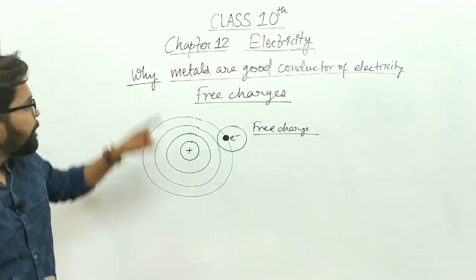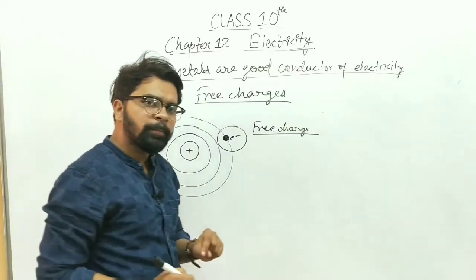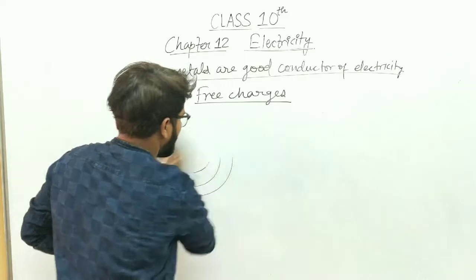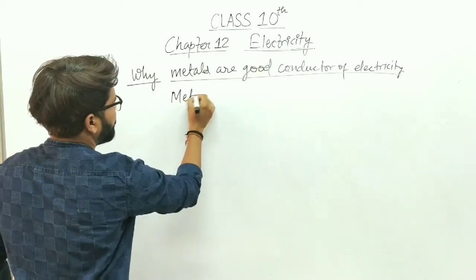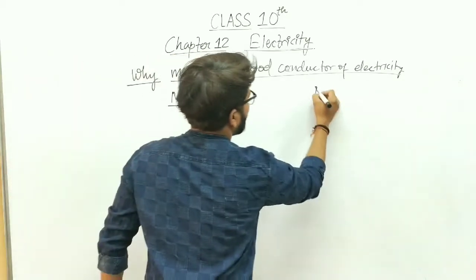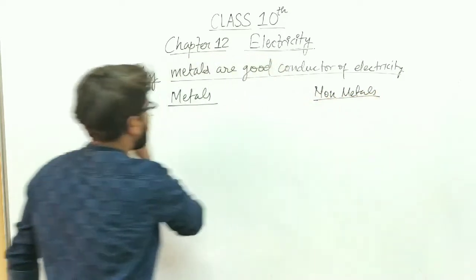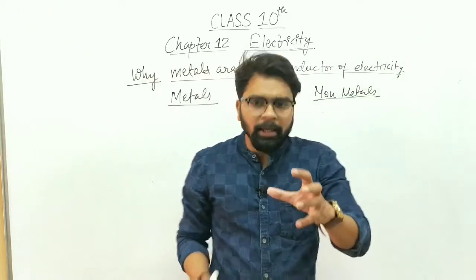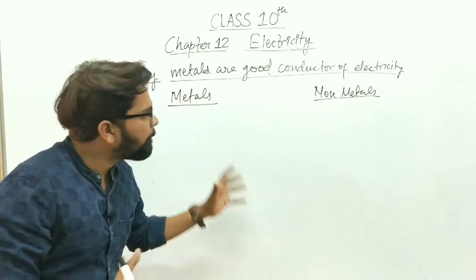Now why are metals good conductors of electricity? Why are non-metals not? Again I took an example, if I am talking about metals and non-metals. Metals are those having a large atomic structure as compared to non-metals.